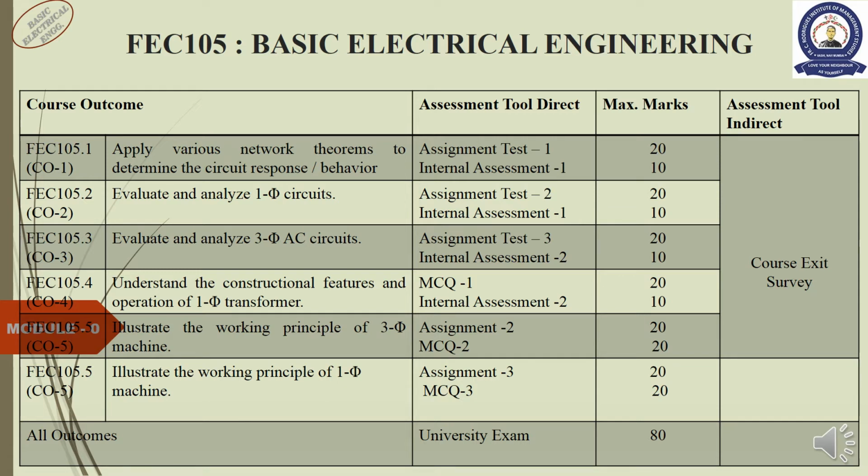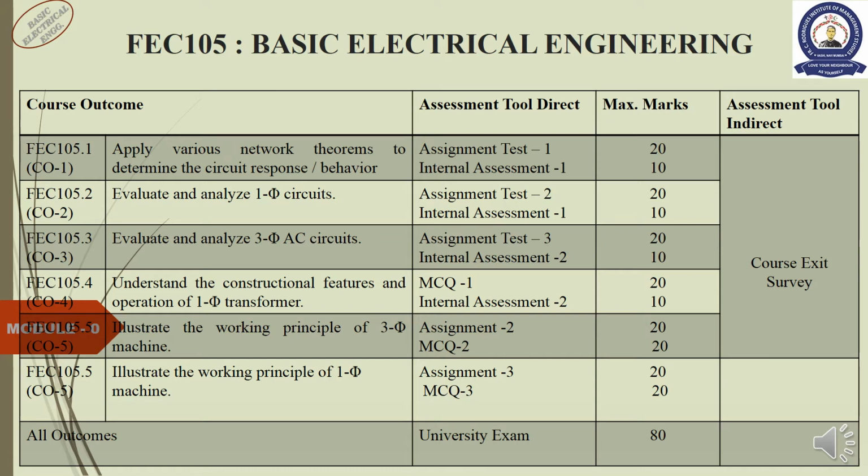The difference is that assignment test is given either batch wise or class wise, and the paper is evaluated for 20 marks, whereas internal assessment test is the university internal exam which is conducted in college, where the first CO is evaluated for 10 marks. Similarly, the second CO is evaluated for 10 marks for the IA1 paper.